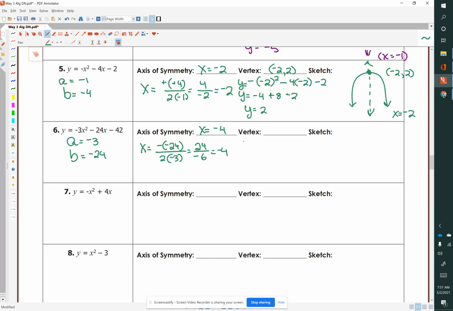And let's evaluate for the vertex. y equals -3 times -4 squared minus 24 times -4 minus 42. So that would give us -48, because -4 times -4 is 16, times -3 is -48.